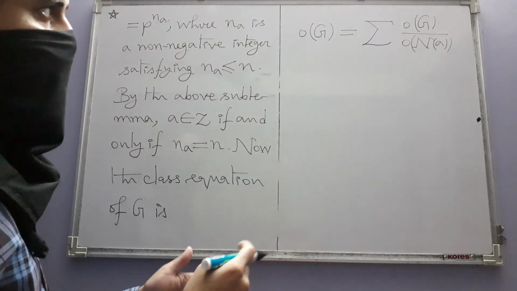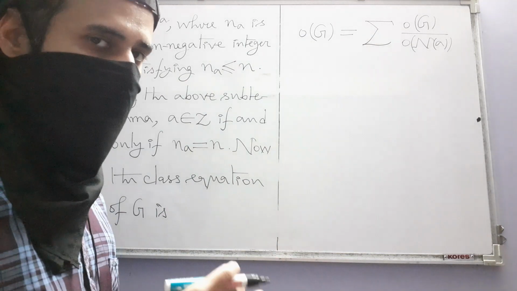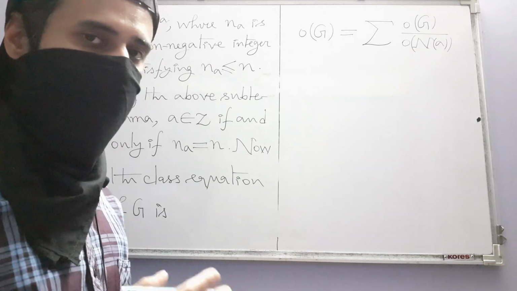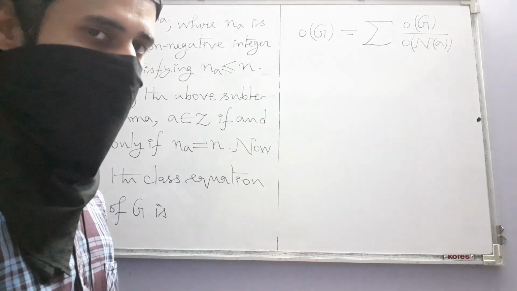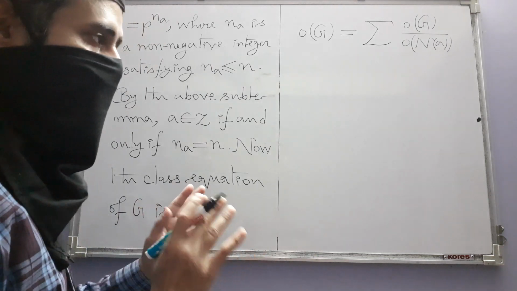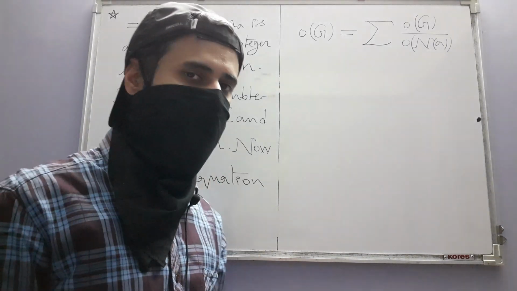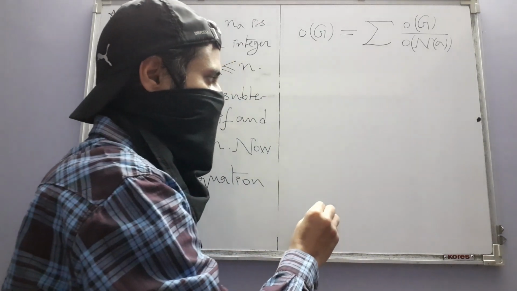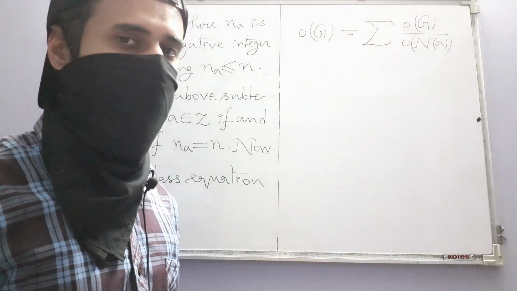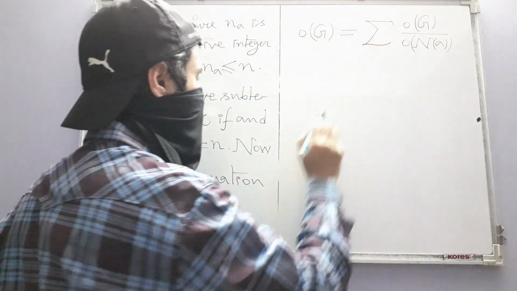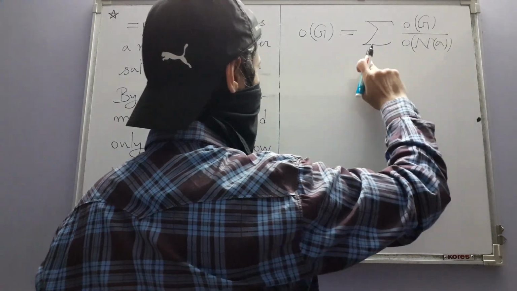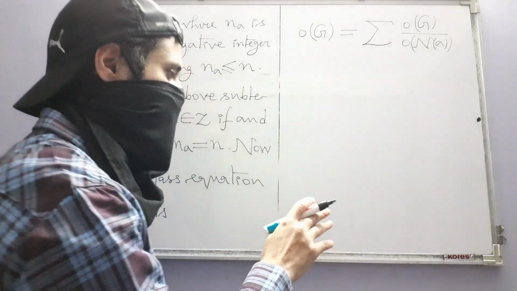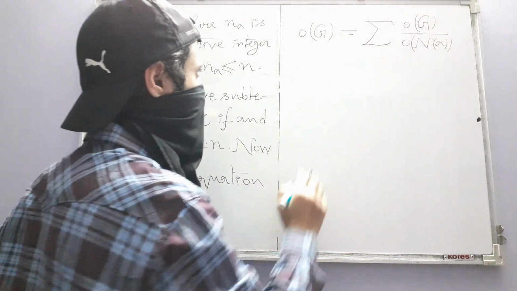And that convention goes with the sum, that the sum has one term for each conjugate class. That's what it means. Each A comes from precisely one conjugate class, and from that conjugate class nothing else comes.